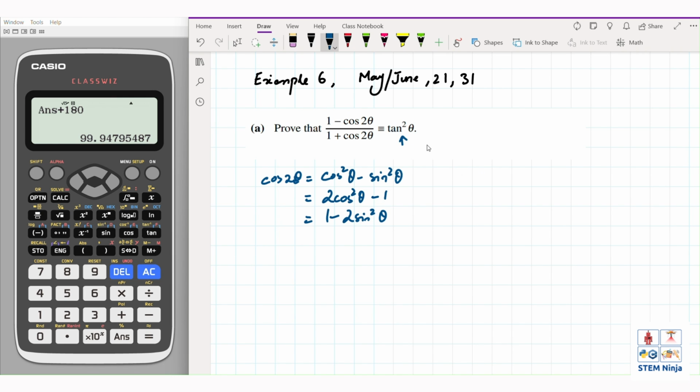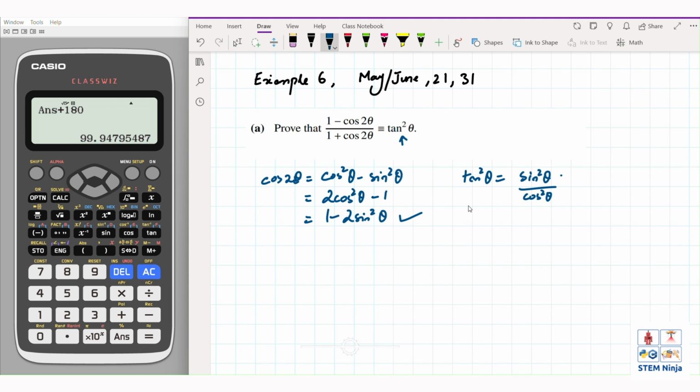So we cannot just use them randomly. We need to see how tan squared can be formed. So tan squared can be formed by having a sine squared theta and cos squared theta in numerator and denominator respectively. So for the numerator, 1 minus cos 2 theta, we need to choose the one with the sine.